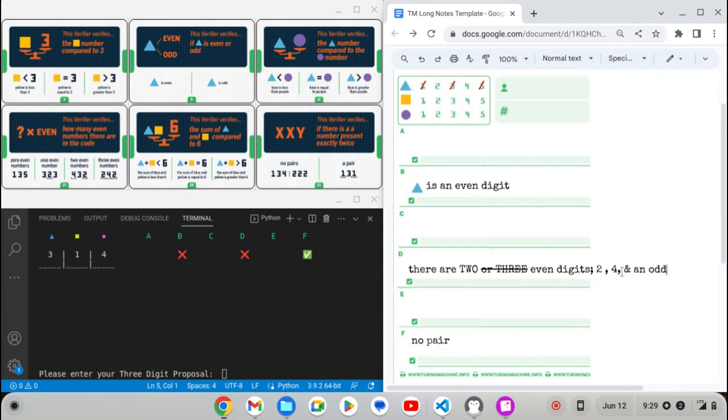Okay, so that means we know triangle has to be 2 or 4, and then square and circle is going to be the other even digit, and then we have an odd. Okay, so I think that's it. I don't think we can use any of our other clues to cross out any of the other digits, since we don't know, again, which is even or odd between square and circle. So I think that's it for this round.